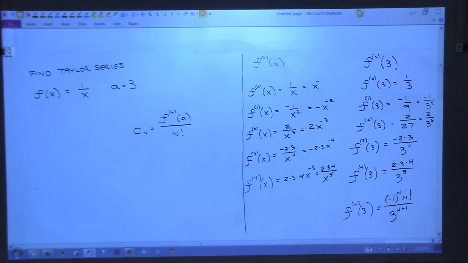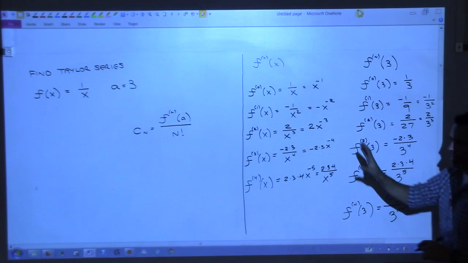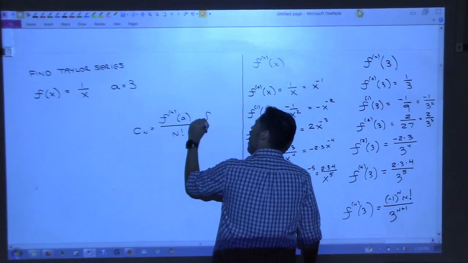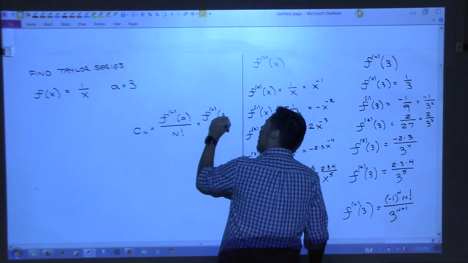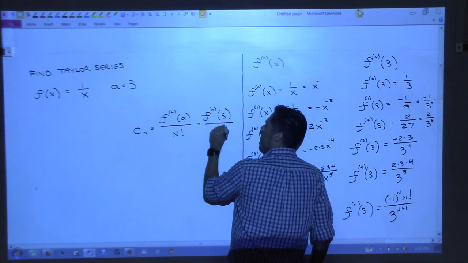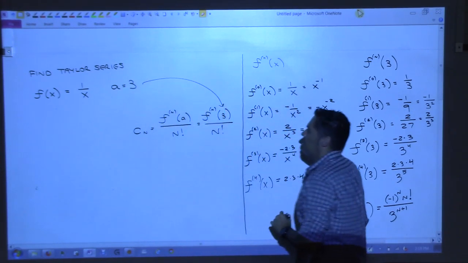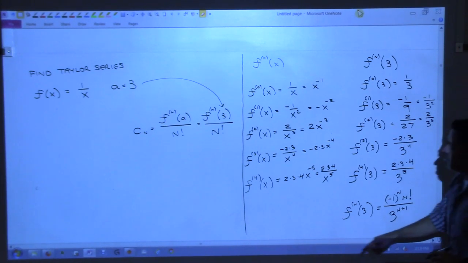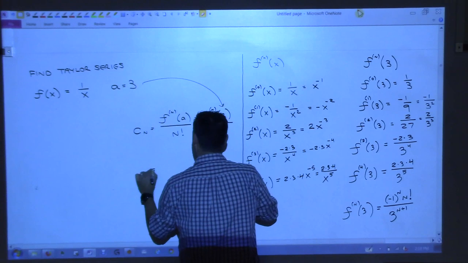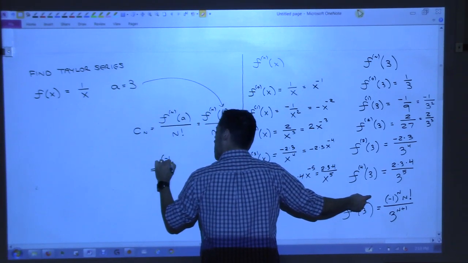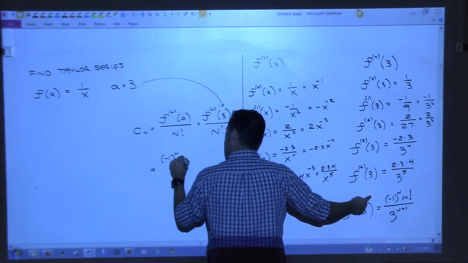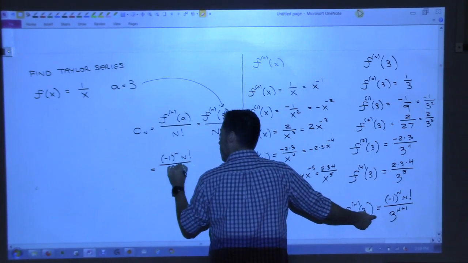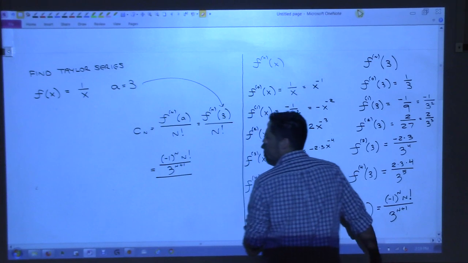Sure? All right. So for us, in this problem, our C sub n, which was the nth derivative at 3, because we were told 3, and this is the formula we just came up with for that, should turn out to be negative 1 to the n factorial over 3 to the n plus 1 over what, though?